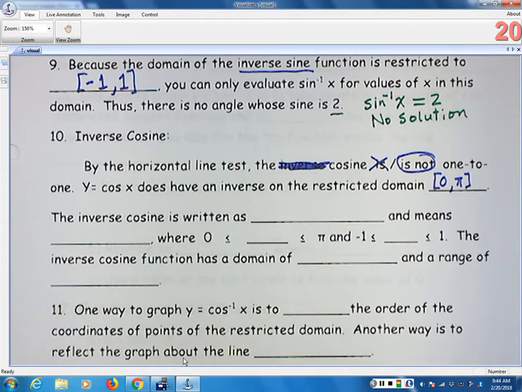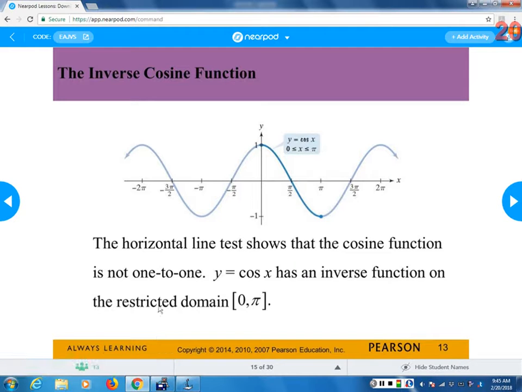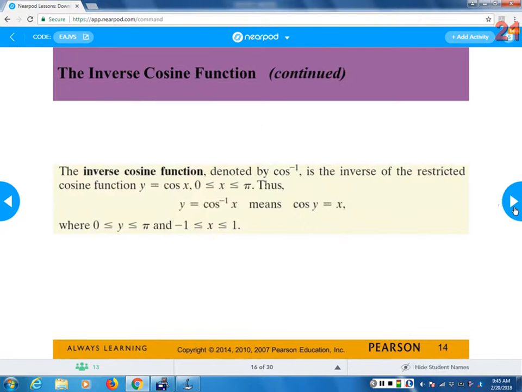So we've chosen to restrict it from 0 to pi, and then it is 1-to-1. That's what we do: we restrict the domain. So the inverse cosine function, and that's what that equals.